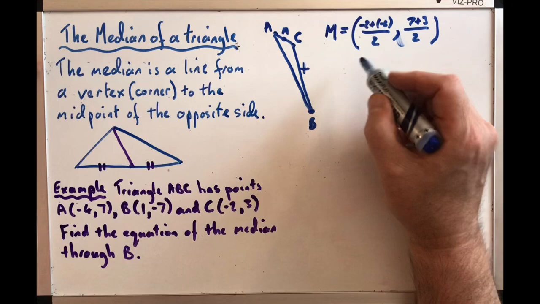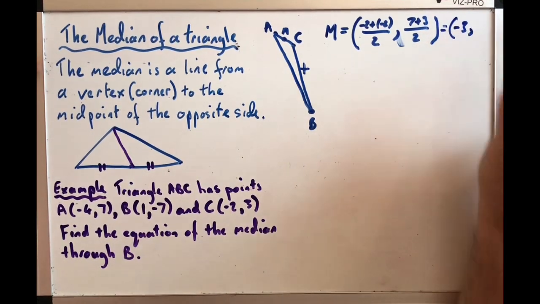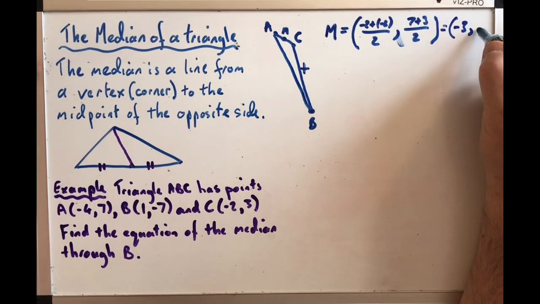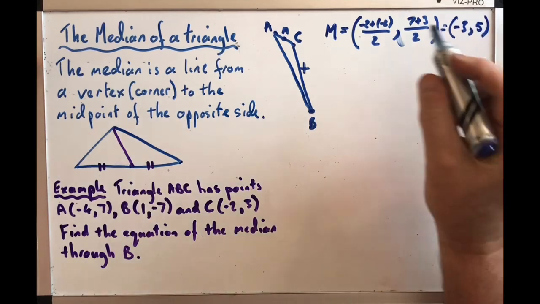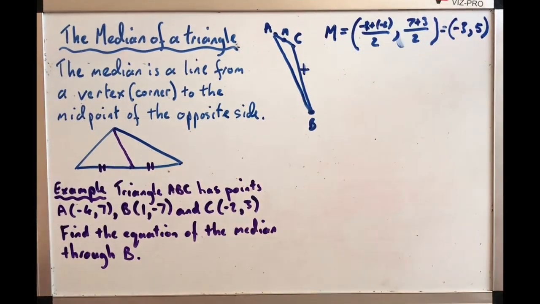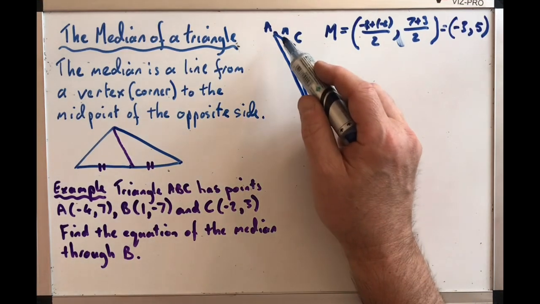Okay, -6 over 2 is -3, isn't it? Yes? The other one, 7 plus 3 is 10, divided by 2 gives you 5. So you've got (-3, 5). Remember, that's a -4 there. Okay, we've now got the other point on our line. So we've now got B and M.